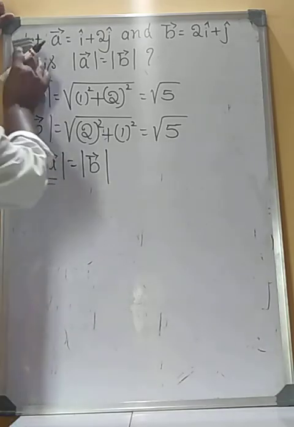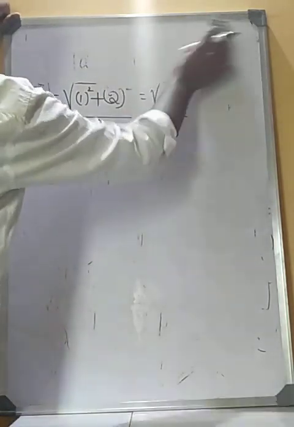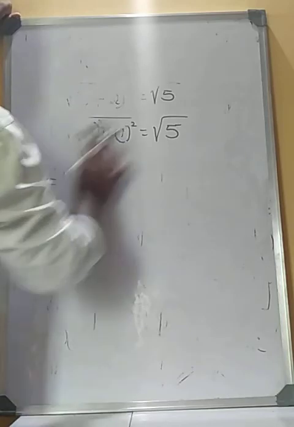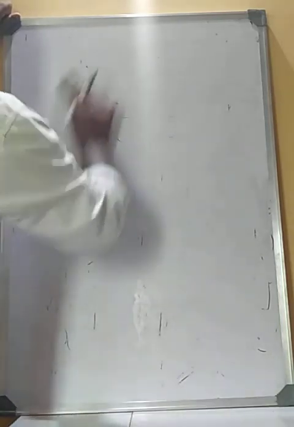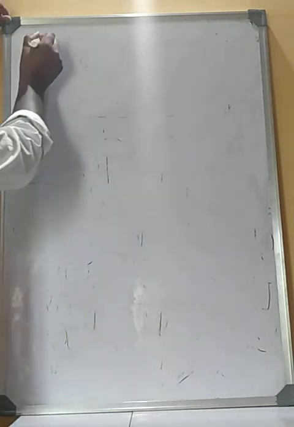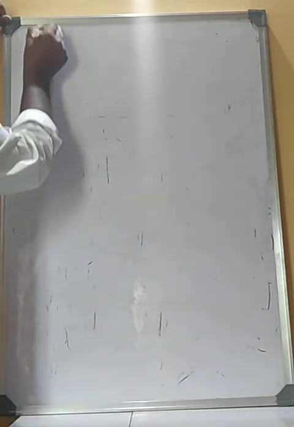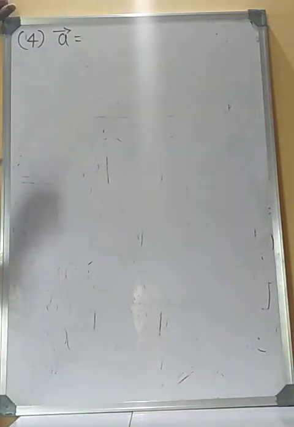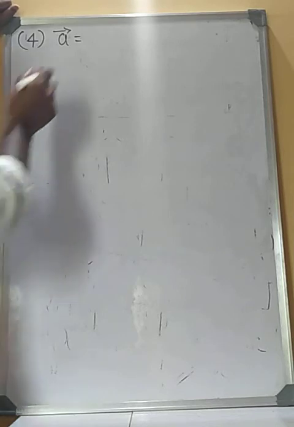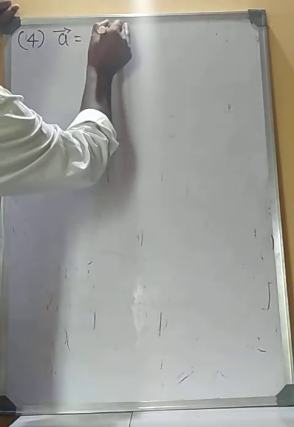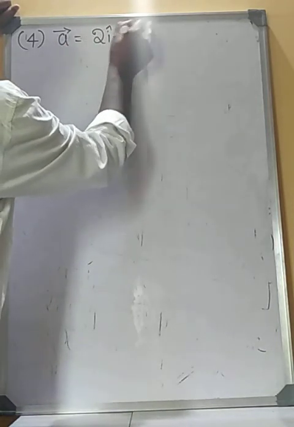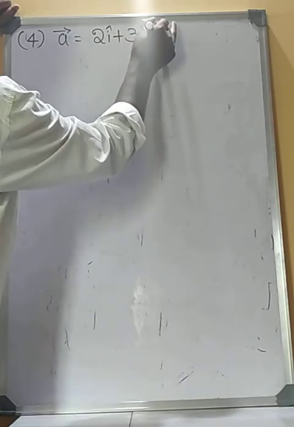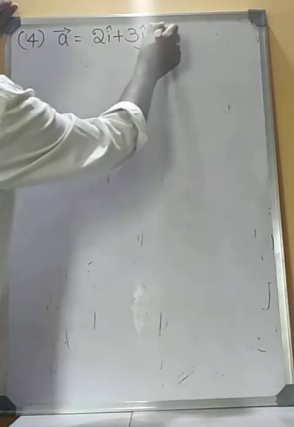The next example 4. Find the unit vector in the direction of vector A, which is 2i plus 3j plus k.